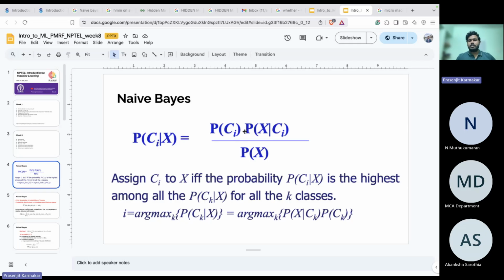Now, if I just do this, what would happen? We will get P of Ci given X, and how can we get it? Let me break this formula down a bit.